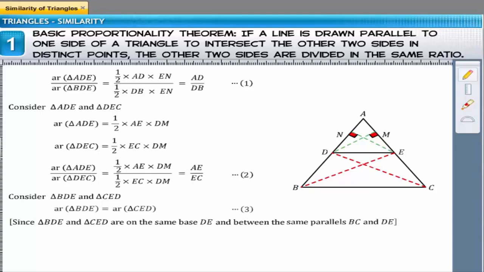From equations 1, 2 and 3, we get the following expression. This implies that the ratio of sides AD and DB is equal to the ratio of sides AE and EC. Thus, the basic proportionality theorem is proved.